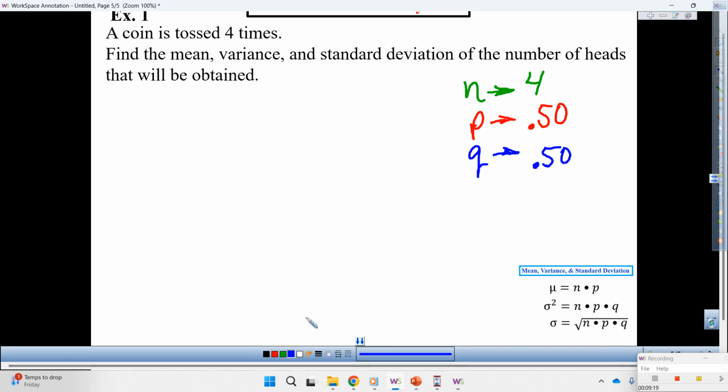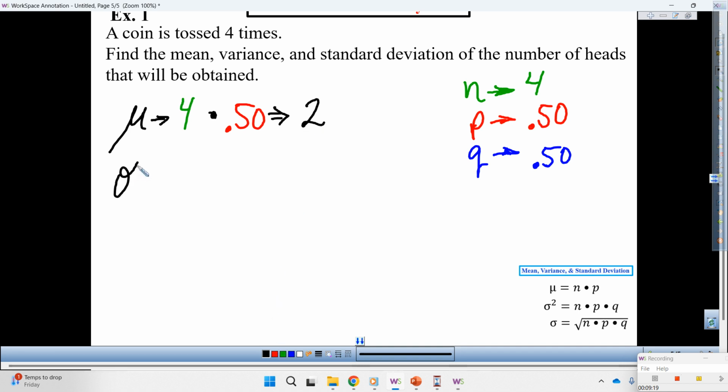So now that we have our values, let's find mu. Mu is n times p, so that is 4 times 0.50. Calculators calculate. What is that? 2. All right.